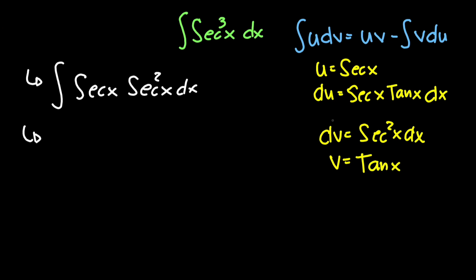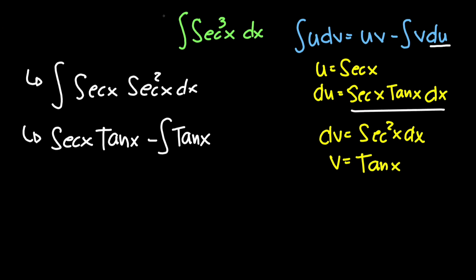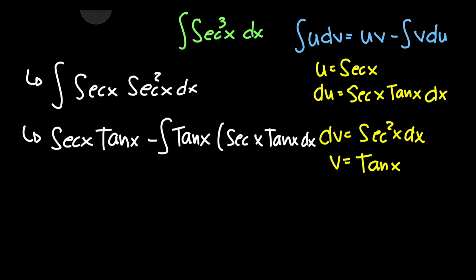Now that we have our values here, just plug them in according to the formula. So this would be secant of x multiplied by the v value, which is tangent of x, minus the integral of v, which is tan of x, multiplied by du, which is this one, secant x multiplied by tan x dx. Actually, no need to put parentheses here.